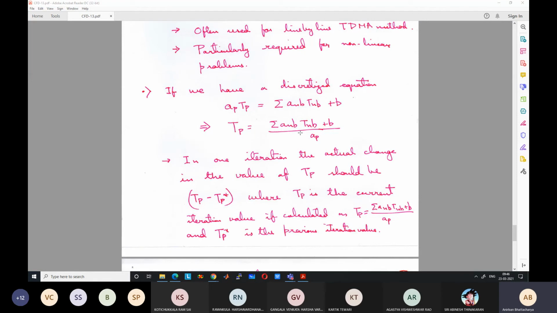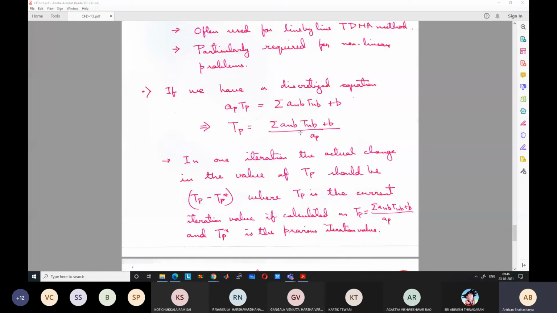Okay. For each equation, there will be an under relaxation factor for U velocity, V velocity, pressure equation, then temperature equation. So typically for momentum equations, we can go to lower values, even 0.3, 0.2 also is possible. It will slow down the convergence rate, but increase the chances of convergence. Even we can go up to 0.1, means very low values of under relaxation.